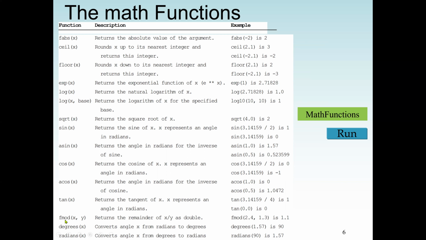We also have the remainder, which is fmod, modulus. We know modulus always gives us the remainder of a value. Then we have degrees to convert angles from radians to degrees. Then the opposite, we have radians, converting angles from degrees to radians. So radians will take an argument of the degrees of an angle, then degrees will take an argument of radians of an angle.